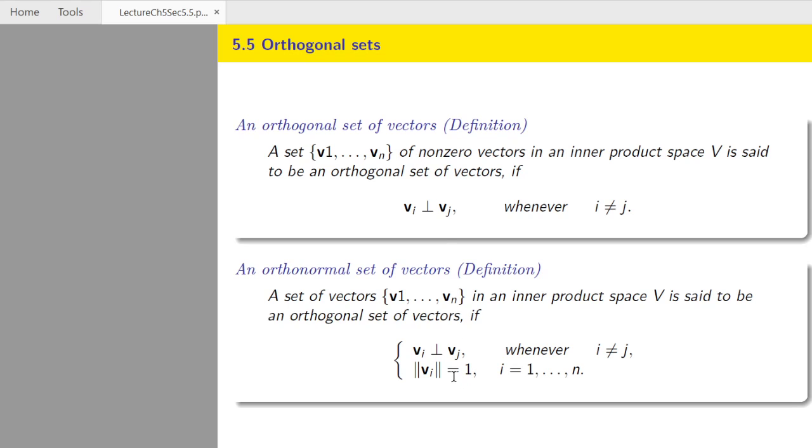But for the second one, we don't need to assume each vector is non-zero, because when we require the norm to be one, for sure none of these vectors v1, v2 to vn is 0. So from this we can see the difference between orthogonal and orthonormal: orthonormal is orthogonal plus norm one.